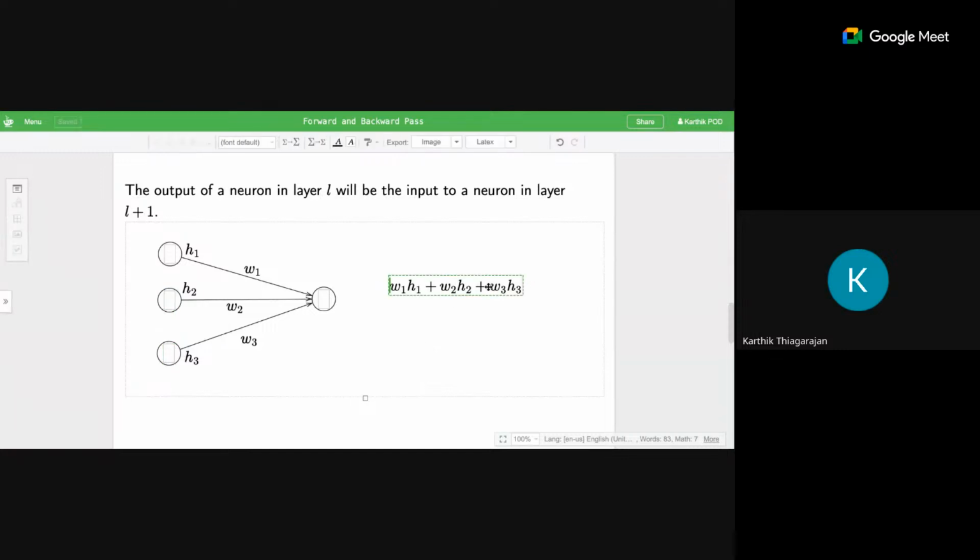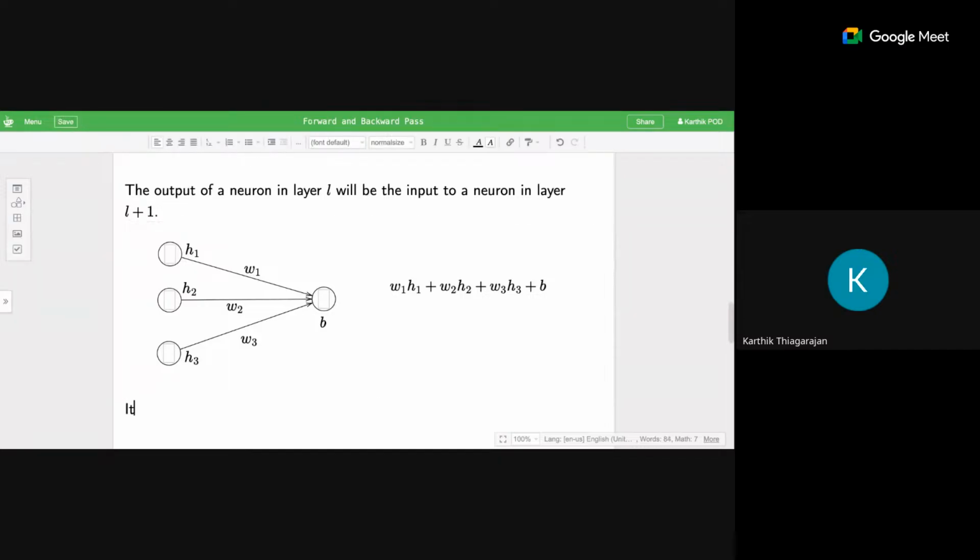So is that all? Is this the output of this neuron? It is not. We are missing what is called the bias. Every neuron is given a bias term. What the bias does is give you a sense of how likely the neuron is to fire.